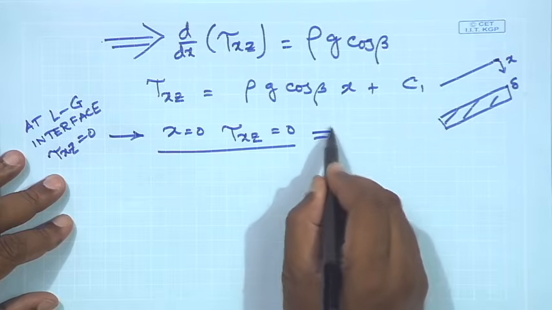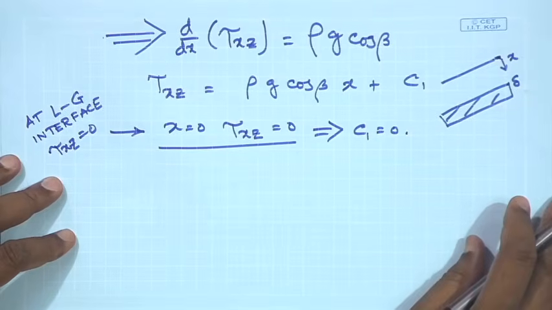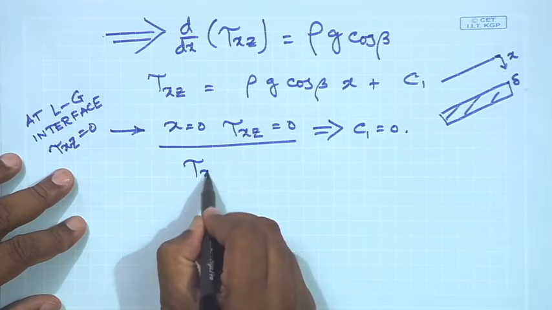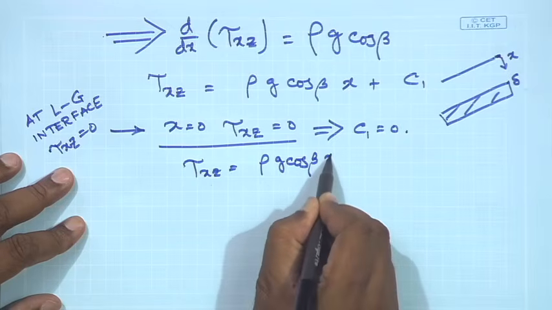So starting with the governing equation, using the appropriate boundary conditions should give me a compact, analytical form of velocity, and that is what we would like to do here. If this is 0, then this should give me C1 equal to 0, and your tau xz would simply be rho g cos beta times x.